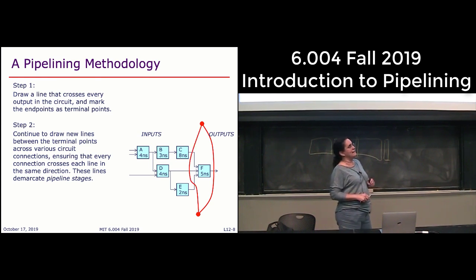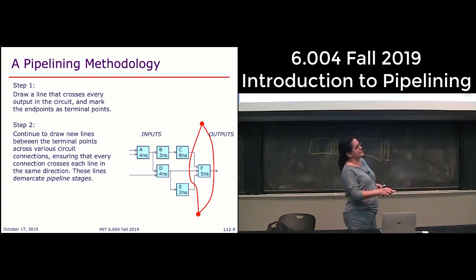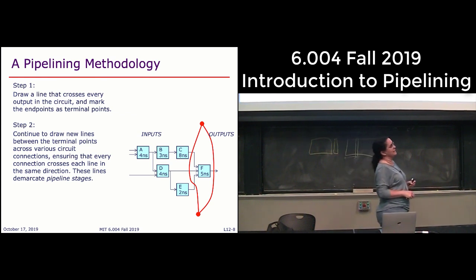So if I add another cross-section through this circuit, I've now separated out this last module, which is a 5 nanosecond module. And this is a valid pipeline because every single one of these arrows crosses from input to output, so they're all going in the same direction, okay?